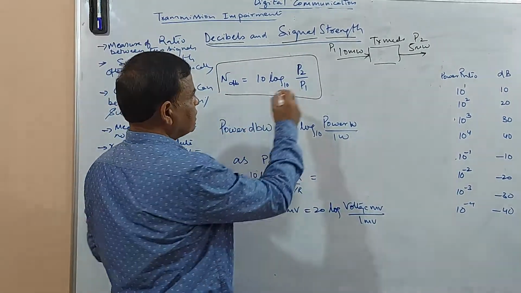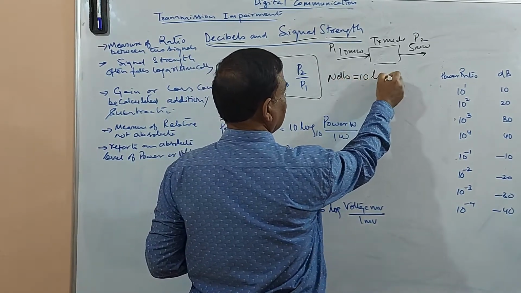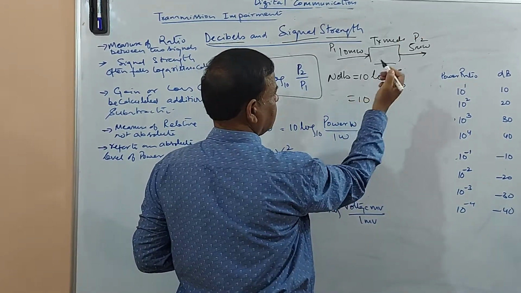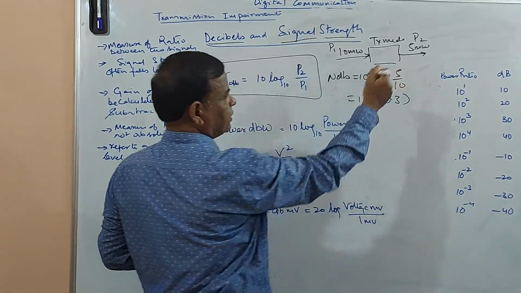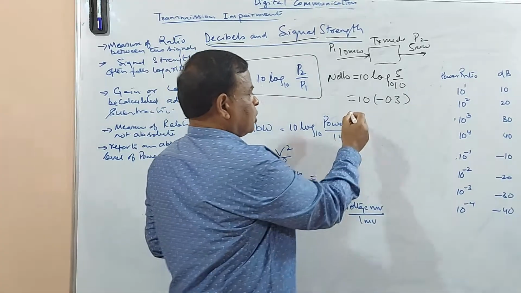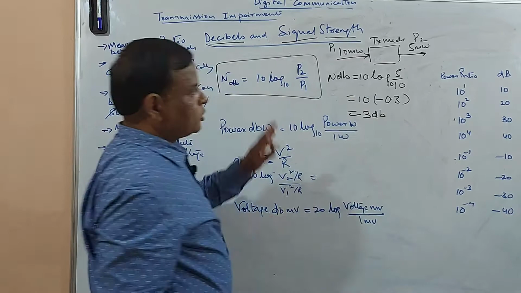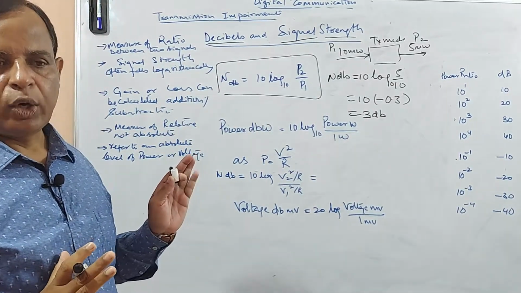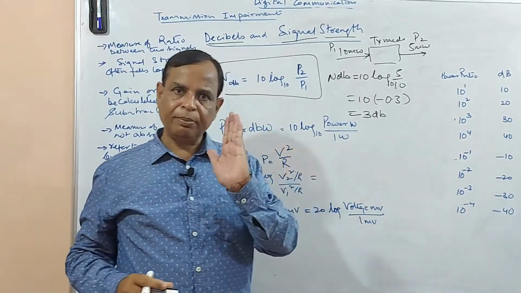If you substitute in this formula, you get 10 log 5 by 10, which is 10 into minus 0.3, calculated with base 10. So it is minus 3 dB. You are expressing the loss as 3 dB, a number you will hear at many places.